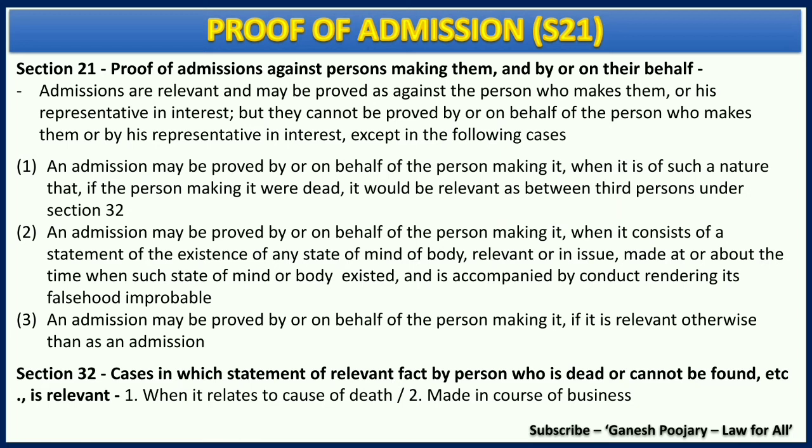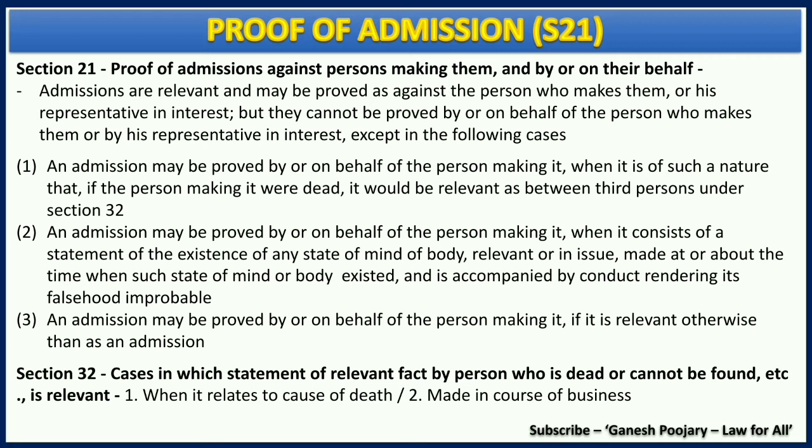The section says admissions are relevant and may be proved as against the person who makes them or his representative in interest, but they cannot be proved by or on behalf of the person who makes them or by his representative in interest except in the following cases.